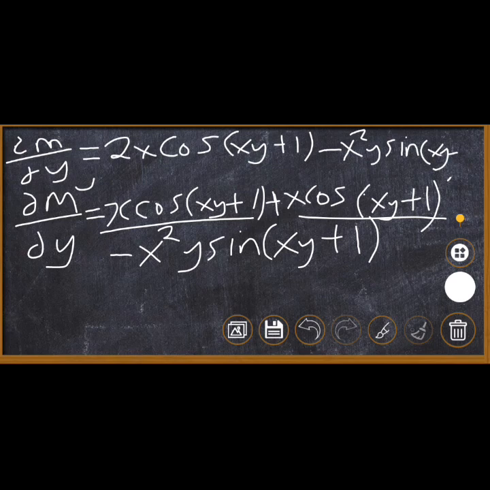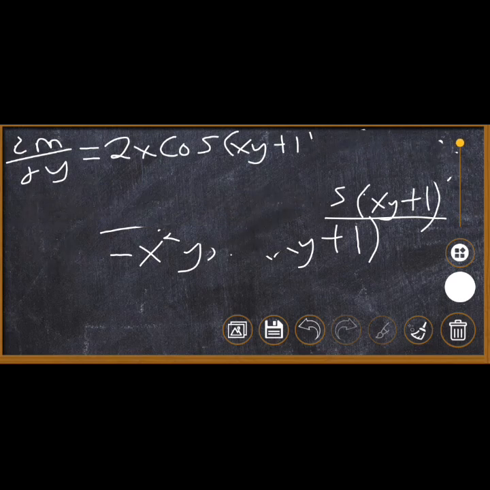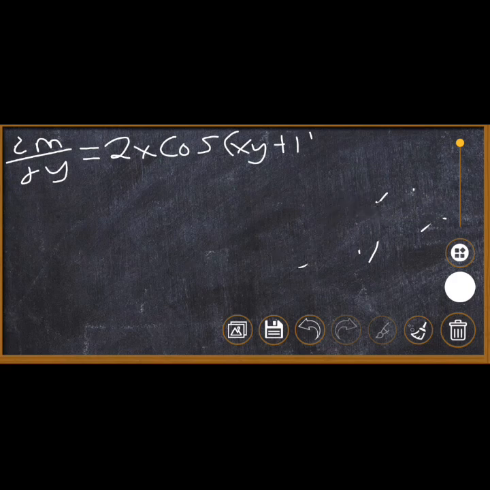Okay, let's just create space here so that we are not confused with this. I'm sure you are following what we are doing here, and make sure that you are taking notes somewhere so that you don't stay confused.